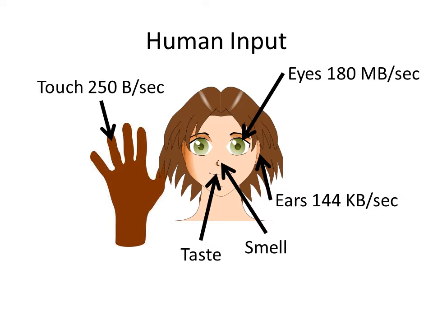Once you put a smell in the air, it takes a while to get that smell out of the air. Anybody who's ever run over a skunk knows this. Okay? Similarly with a taste. You get a taste in your mouth, it's going to take you a while. It's going to be a matter of seconds or minutes, not a matter of thousands of times per second. So taste and smell, they're not going to be very much use to us for interactivity.